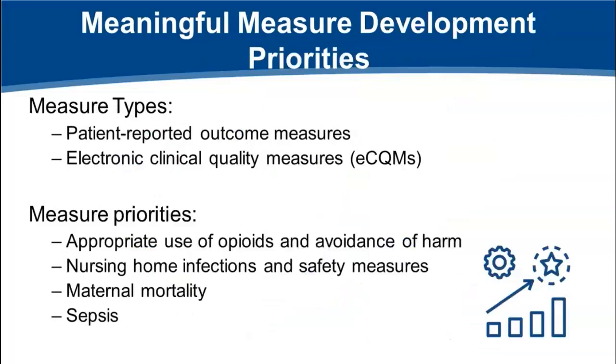And then, like I said, patients and their families and caregivers really help us too to help us set our priorities moving forward. When we're looking at our priority measure types, the two main things that we're looking for is, one, patient-reported outcome measures.